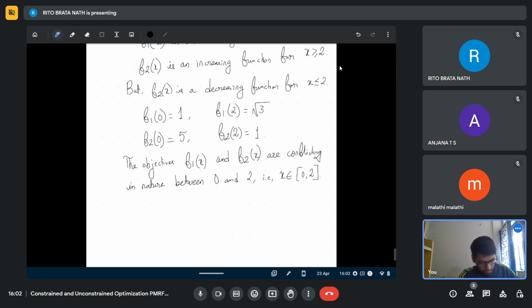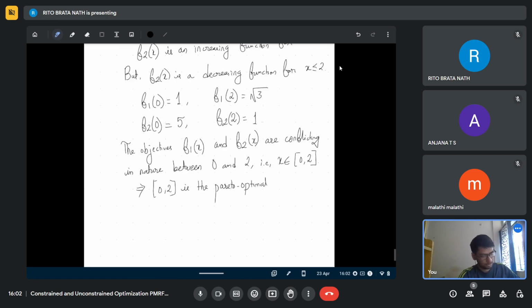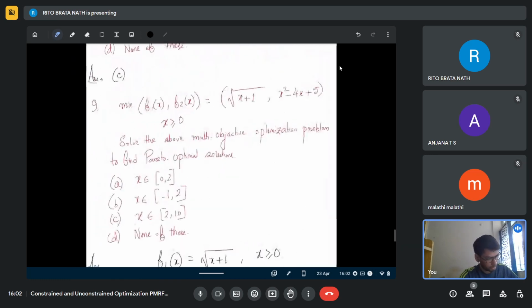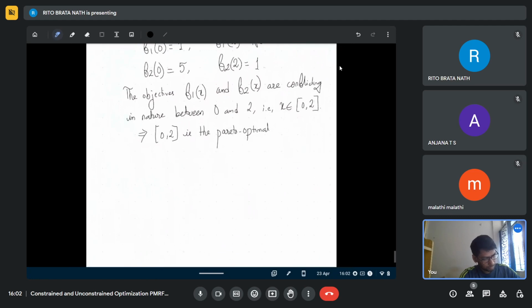So this implies that [0, 2] is the Pareto-optimal interval, or Pareto-optimal solutions. You can call it the Pareto-optimal interval.